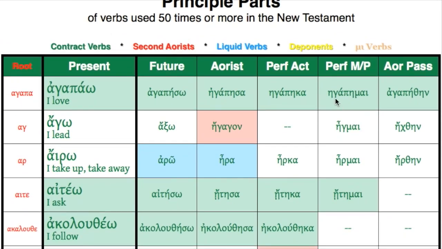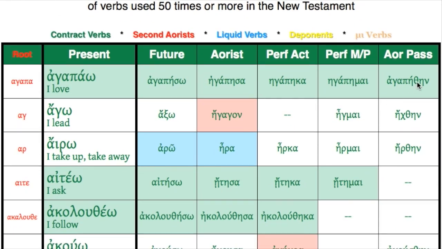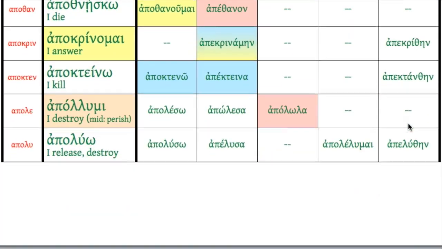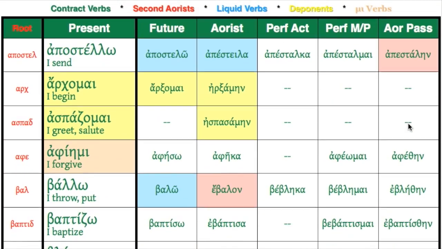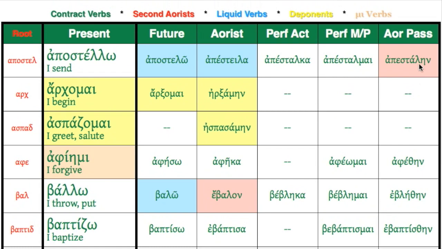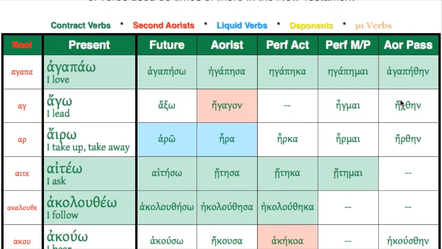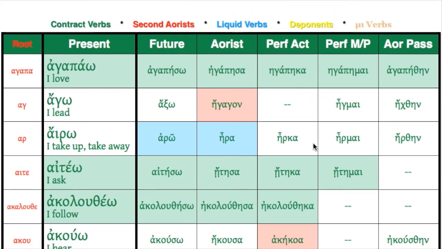Perfect middle passive have the -mai endings with the augment. And the aorist passives have the theta eta. Unless it happens to be, you can see most of them are first aorists, but some of them don't have a theta. That's called a second aorist passive, and that's all there is to that. But anyway, take some time and just look down the columns and look for the patterns.